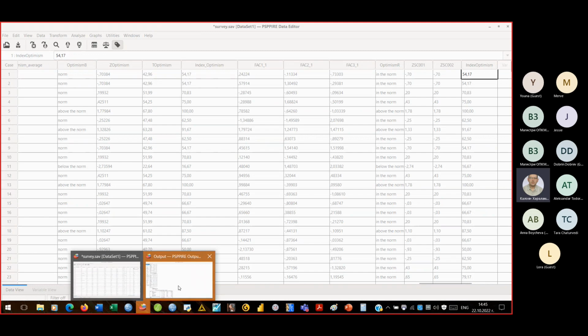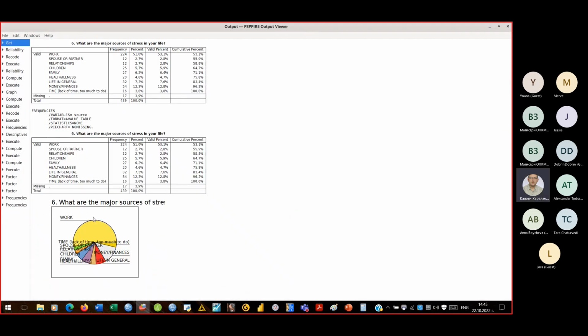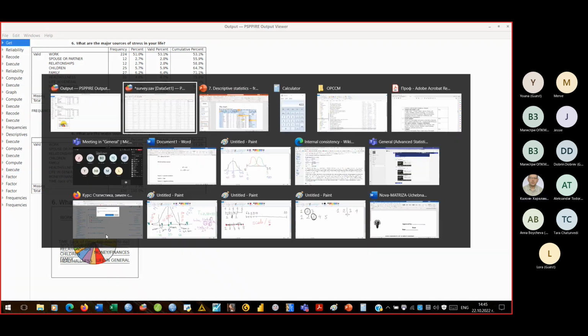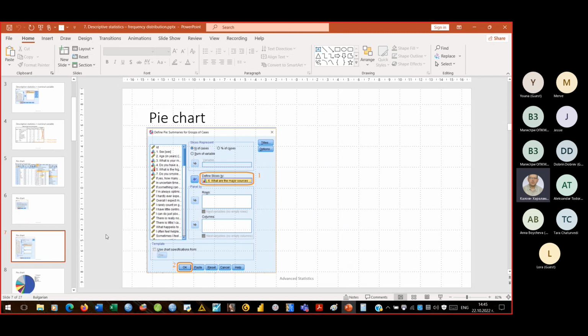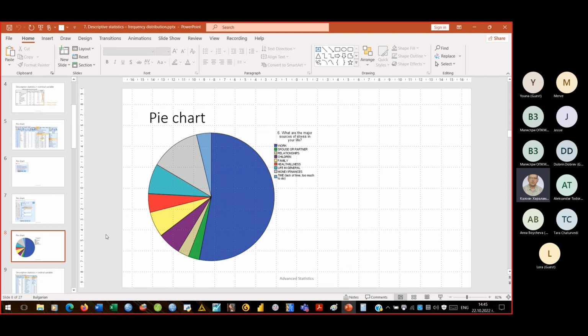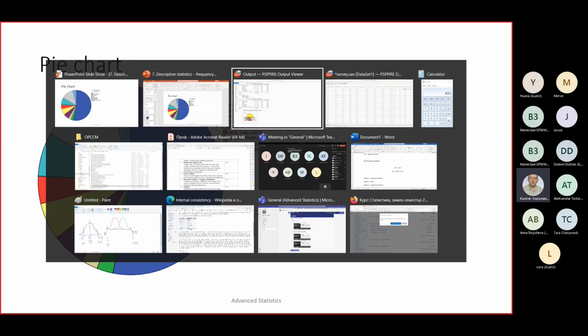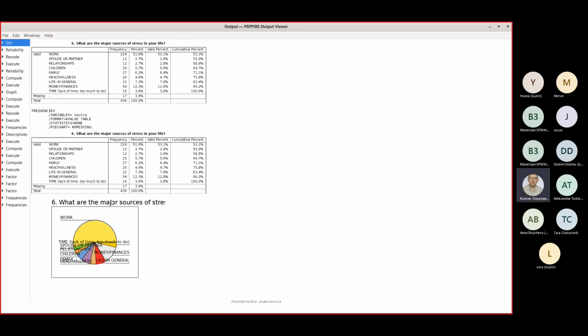And here is the pie chart, different categories and different slices of this pie for different percentages. In SPSS is similar, not exactly the same, but similar. We can choose pie chart, and here is the pie chart. This pie chart and this pie chart are the same, but this pie chart is rotated.